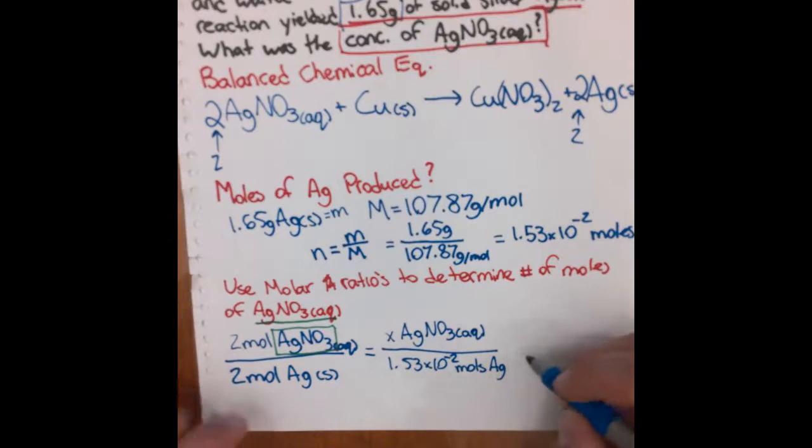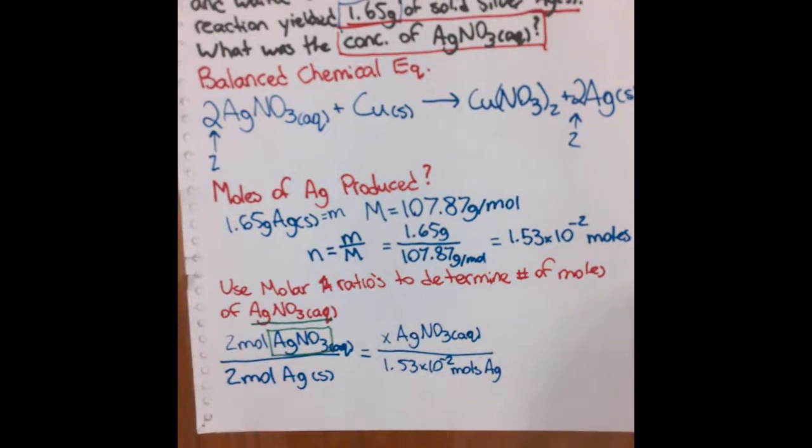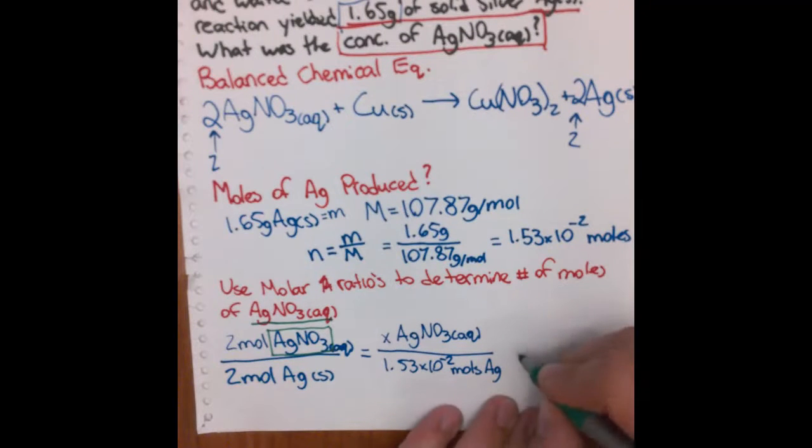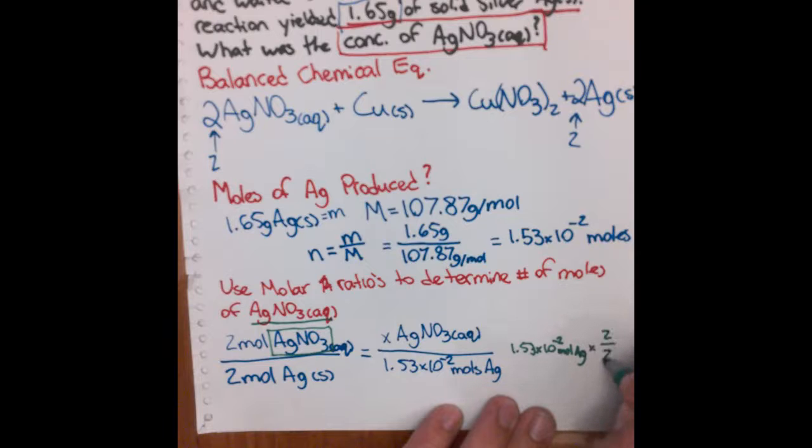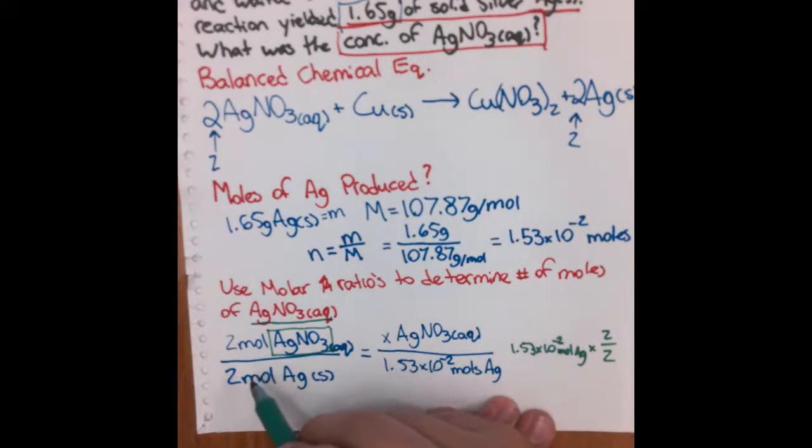So over here, I'm just going to write a new equation. I'll write it in green so we don't get mixed up. It's just going to be 1.53 times 10 to the negative 2 moles of Ag times 2 over 2, which is just our molar ratio from over here.